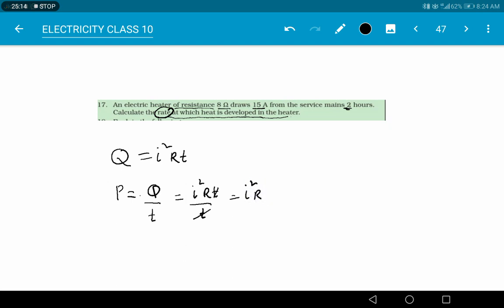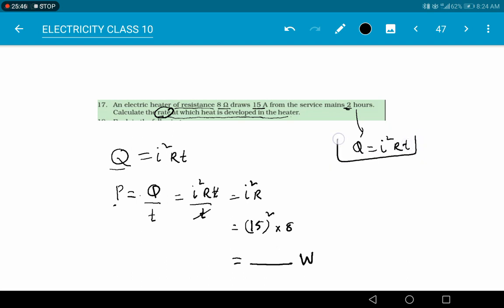So I square into R. Simply, the rate of heat developed is nothing but power consumed. So power consumed is I square R, 15 square into 8. Multiply this and you will get your answer in watts. Suppose instead of asking the rate, they ask what is the heat developed across the resistor? Then we can go with the formula I square RT. They are asking the rate at which the heat is developed, so with respect to time we have to divide that heat developed across the resistor.